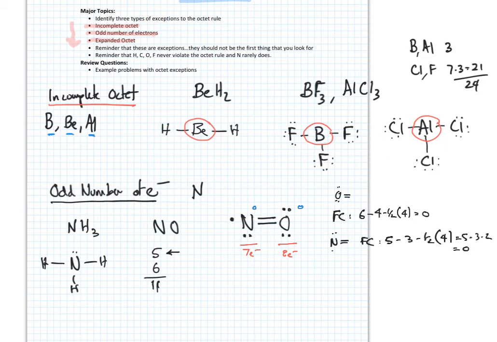All right, we've got zeros on both of these. That looks like a good Lewis structure for the odd number of electrons for the molecule NO, nitrogen monoxide. Okay, so that's the second exception to the octet rule, odd number of electrons. You're not going to see it very often, but if you do, look for nitrogen, where you are going to see it.